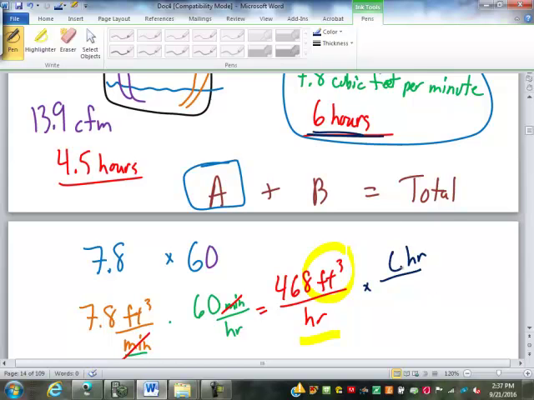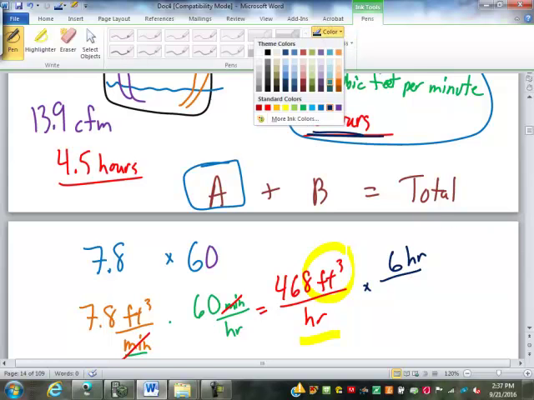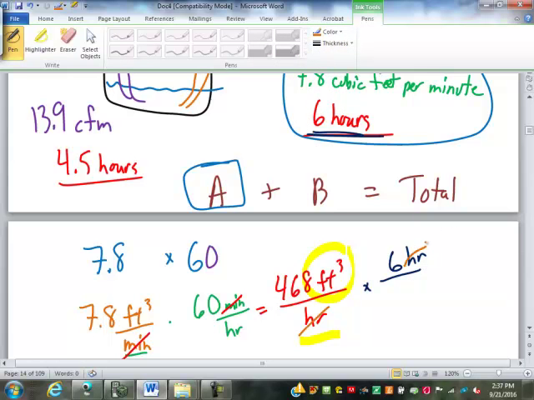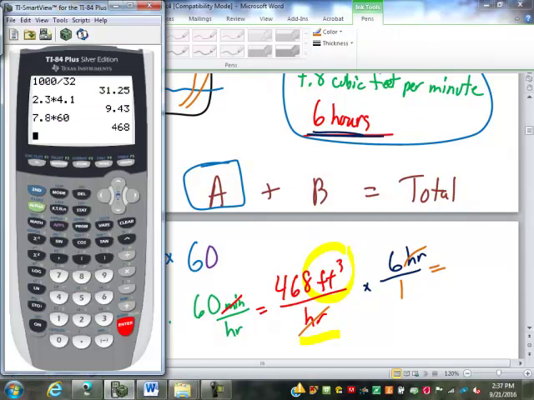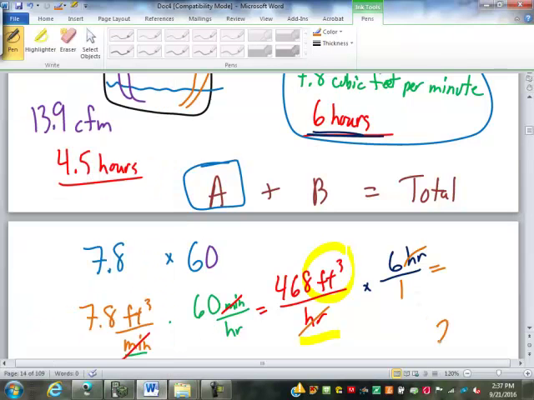Well, we would then just multiply by the 6 hours. The hours will cancel out. We could call that 6 over 1 if you wanted to, but we don't need to. 468 times 6 is 2,808. And since the hours canceled out, the only units we're left with are cubic feet.